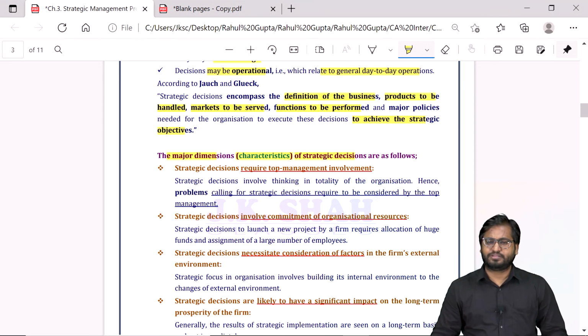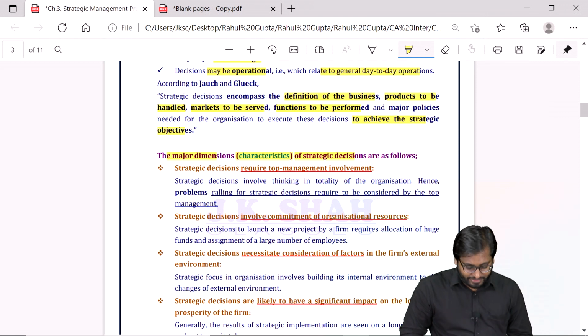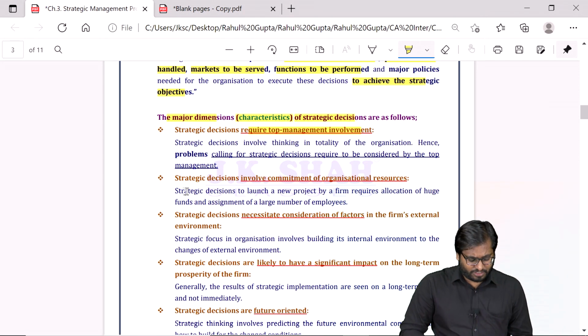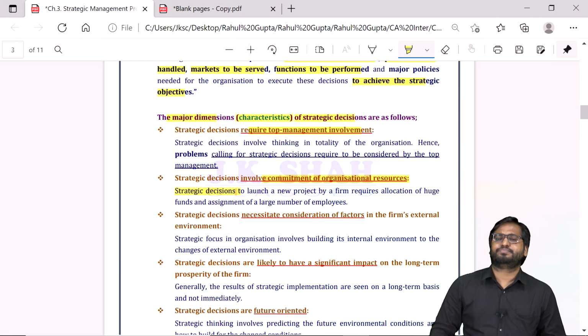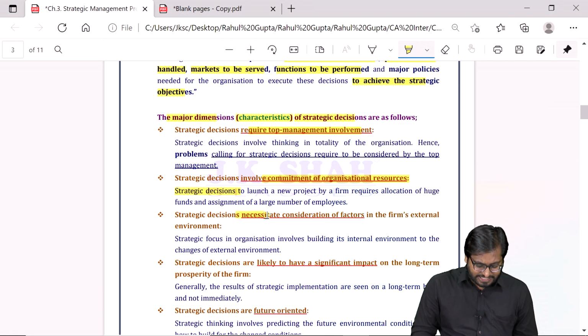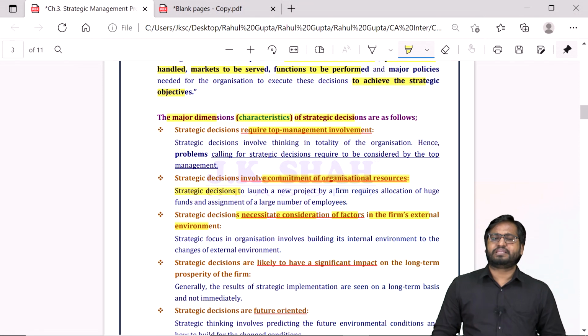So let's try to read this. Strategic decisions will require top management involvement. It will involve commitment of organizational resources. Strategic decisions necessitate consideration of factors in the firm's external environment.